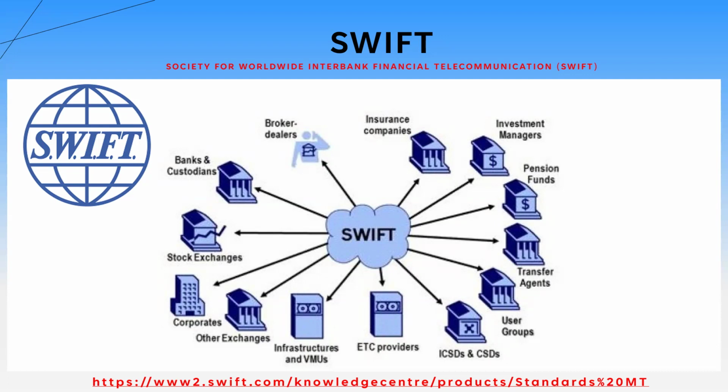They also have a SWIFT address, just for receiving account statements and everything. So other than the financial institutions, there are also some corporates who have a SWIFT address. They are also part of the SWIFT organization.